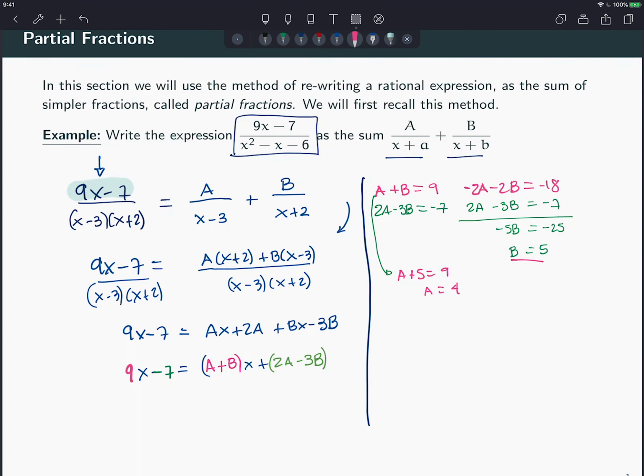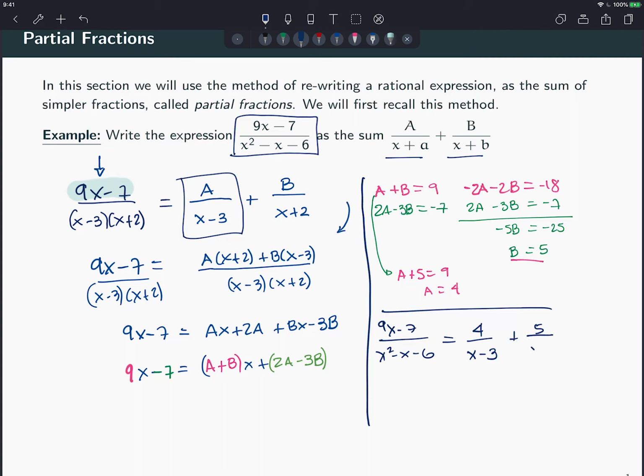Finally, we got that 9x minus 7 over x squared minus x minus 6 is the same as a, which was 4, over x minus 3. It's important to see which one I use. So 4 is the a, which was over the factor x minus 3, and the b was 5, over the factor x plus 2.